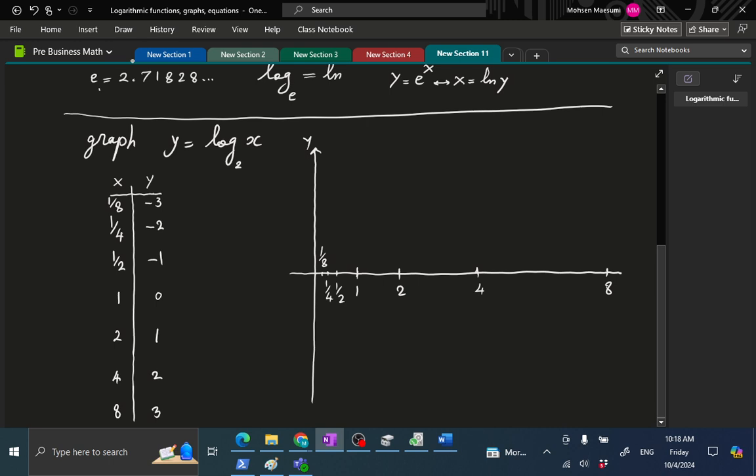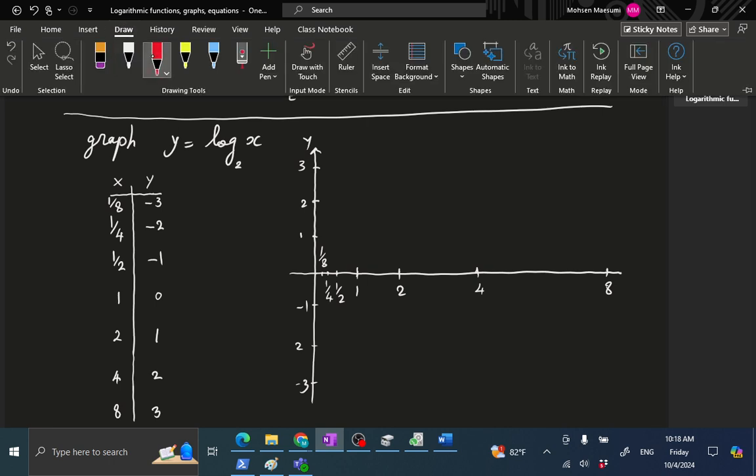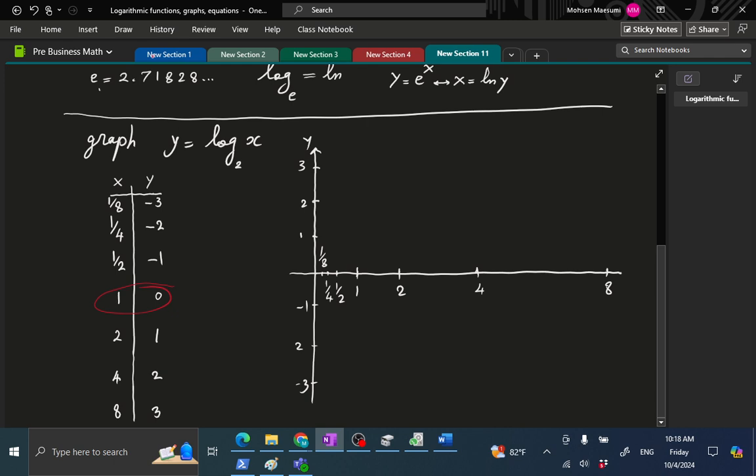So here I have 1, 2, and 3, and then of course -1, -2, -3.